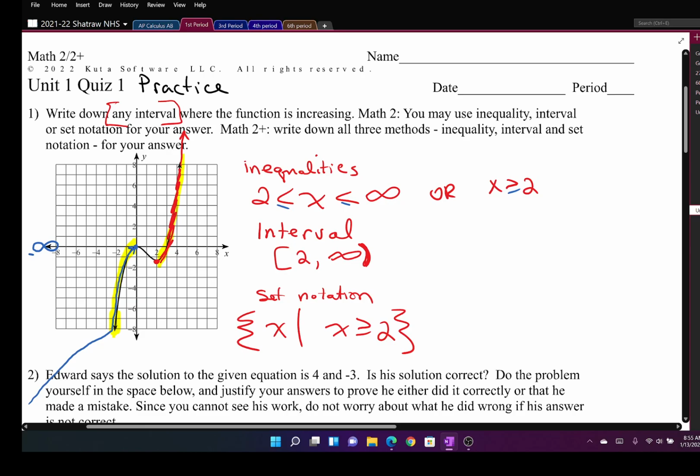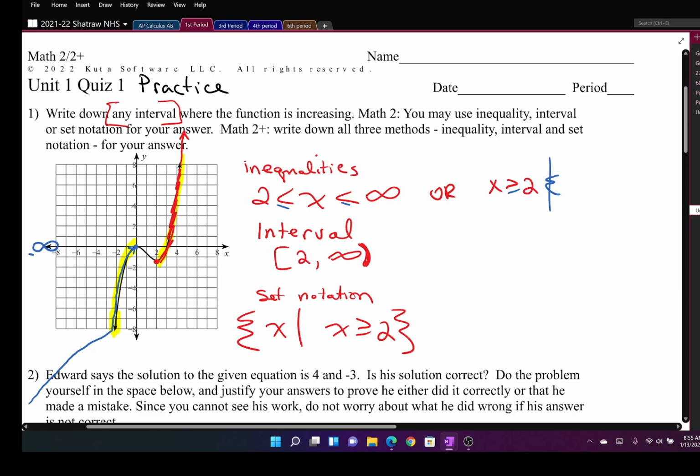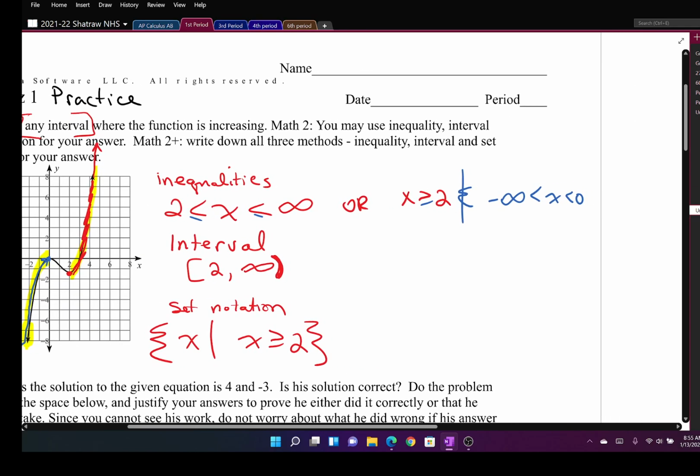So if you wanted to, you could also write down an and sign. Or if that was the part of the function that you noticed first, you could have written down this answer as well. You could have said, okay, we're coming in from negative infinity and we are going up to 0. Or you could be the kid who noticed that this is the same thing as x needs to be less than 0.